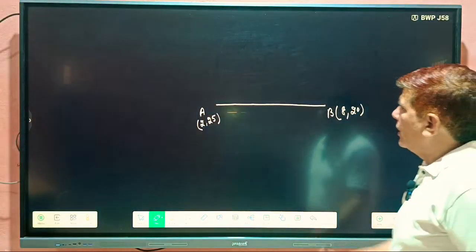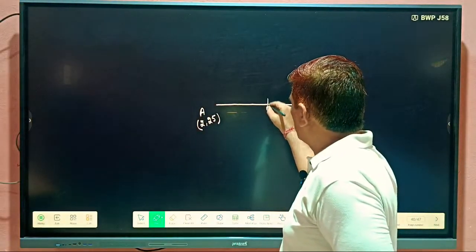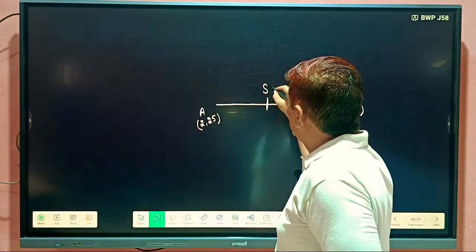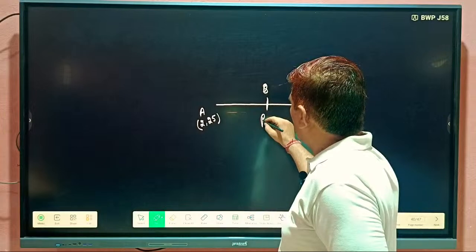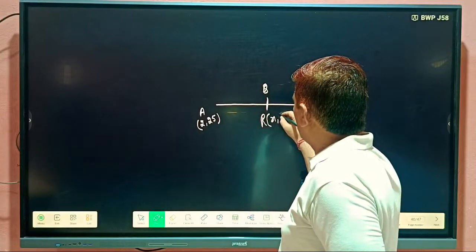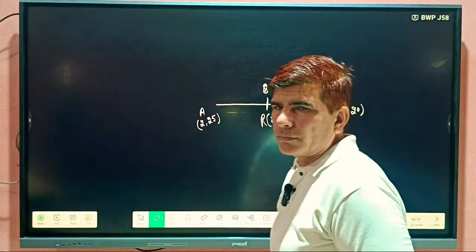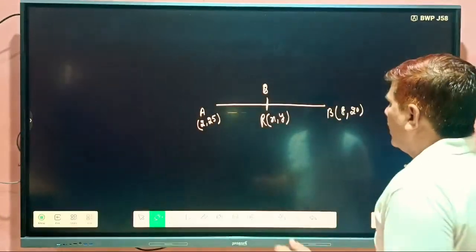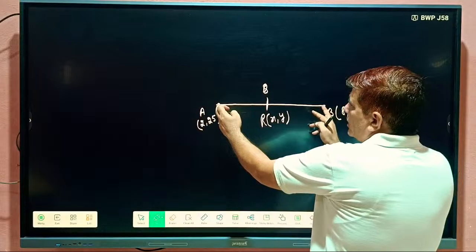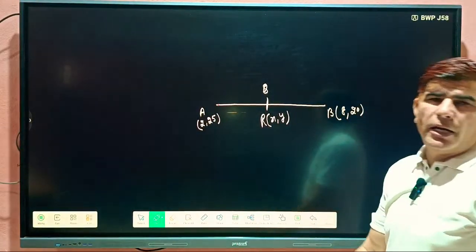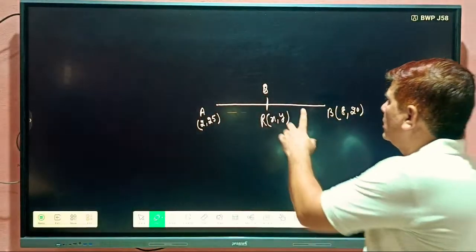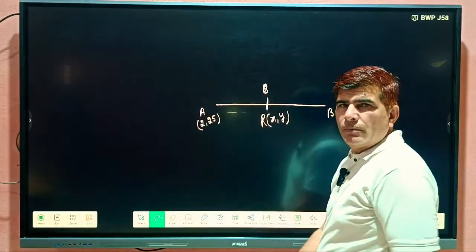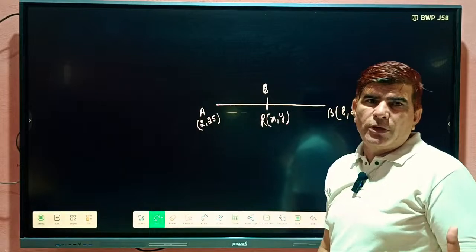So one girl named Rasmi, and she posts this flag at this point. R we can write for Rasmi, and let its coordinate are these X and Y. And she posts the flag exactly between this distance. It's meaning exactly, meaning divide this in which ratio? 1:1. So it's meaning 1:1, which meaning midpoint.